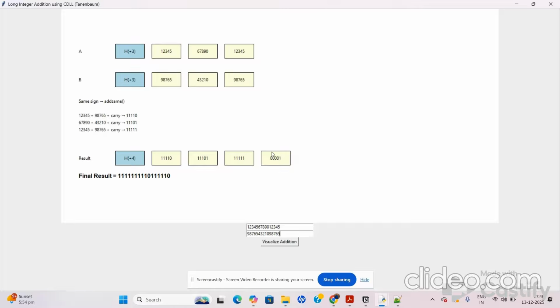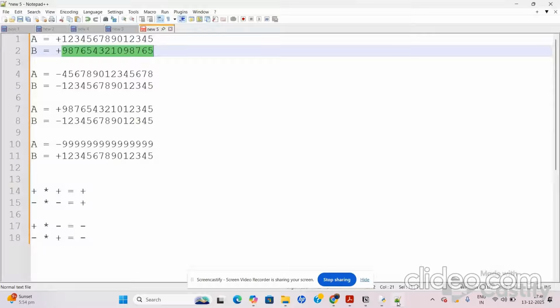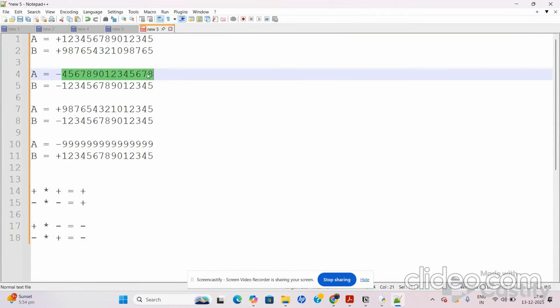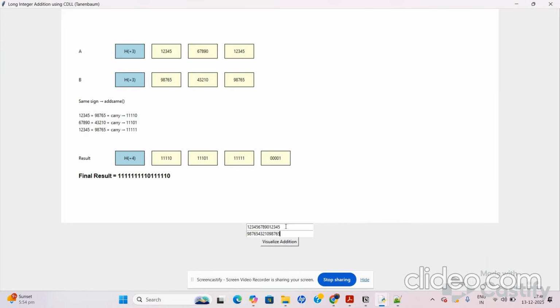Now let's take another example where both the numbers are negative. In that case, what happens?